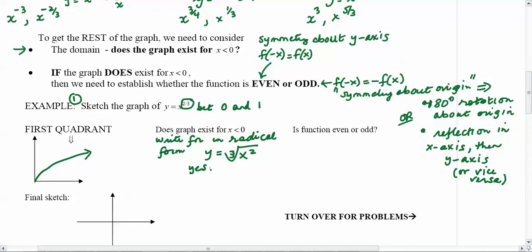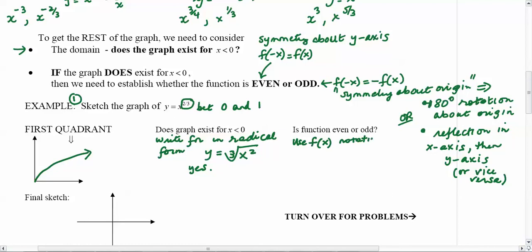There is more to the graph than just the first quadrant. If the answer were no, actually, that'd be very sweet, you'd be done. So to find the rest of the graph, I need to ask whether it is even or odd. So let me think. I know f of x, and notice when I ask this question, I'm now going to use f of x notation.